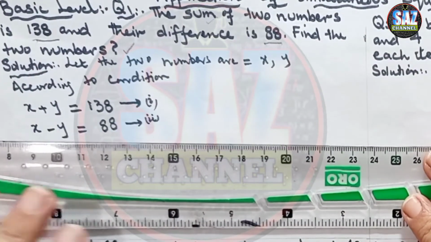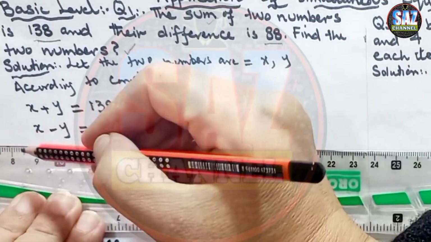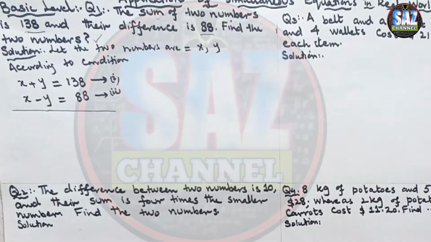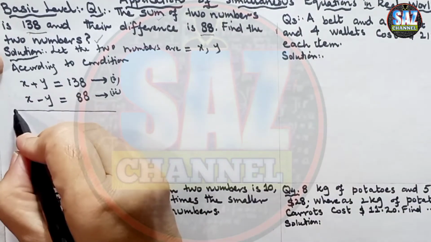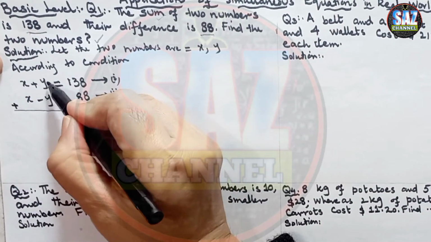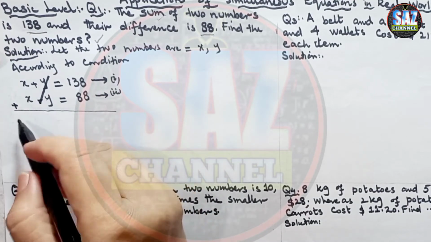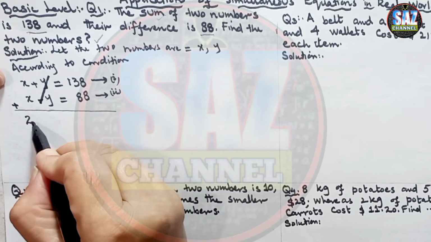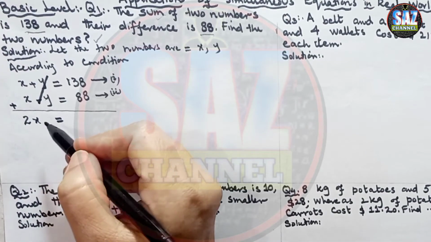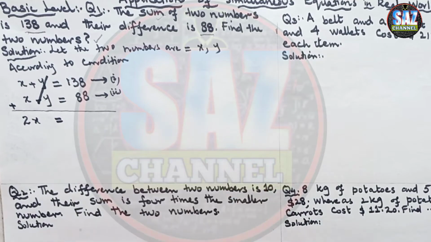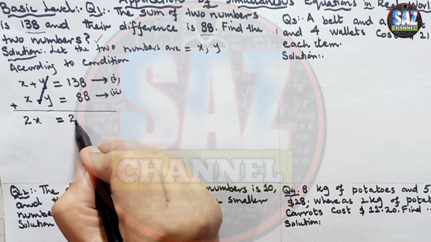So we just have to add up these two equations. I have to mark the sign of addition here, and now I can remove this y with this y, and my equation is in one variable only, that is x. 2x equals, I have to add up 138 and 88. When I'm adding up 138 and 88, my answer is 226.